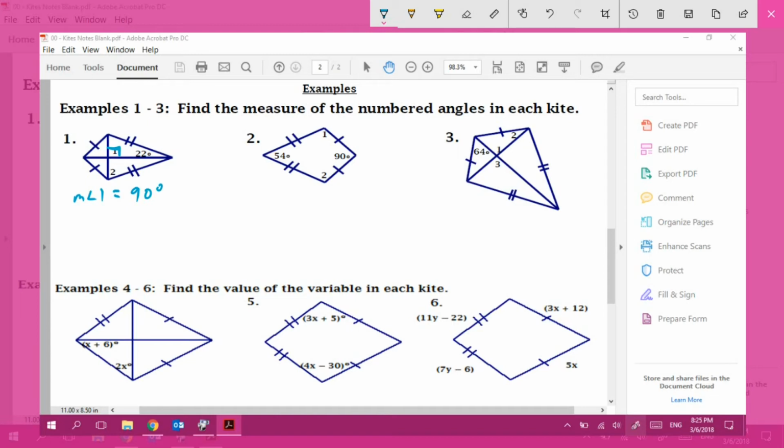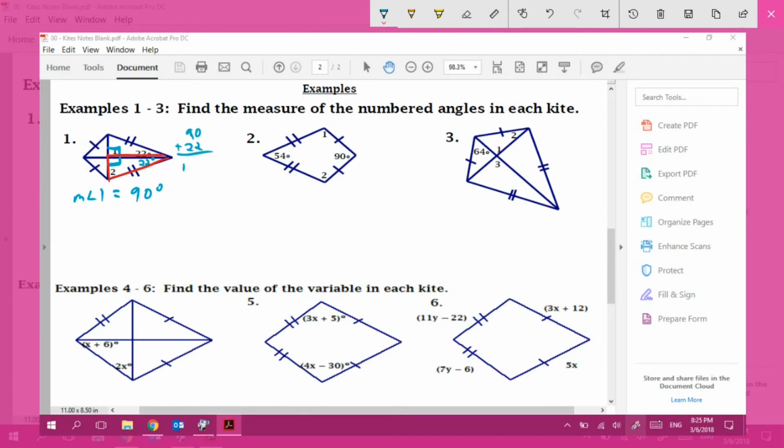How am I going to find the measure of angle 2? Well, check this out. If that's 90 degrees right there, this angle right here is also 90 degrees, then these two angles down here are the same, 22 degrees, 22, and that leaves me with 2. Remember, this is a triangle. Let me outline it for you. That's a triangle. Now, I see that I have 90 degrees, and I have 22 degrees. Let me add those together.